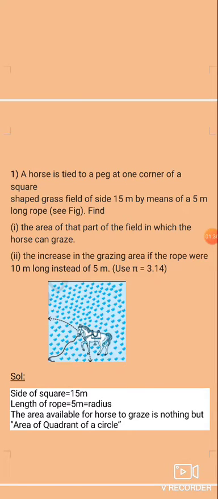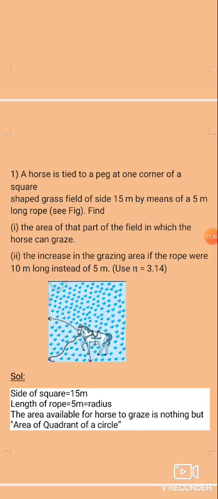Listen carefully, the grazing area of that horse. It is just like a sector, isn't it? Now what is the sector angle in this question? Since all the angles of a square are 90 degree, we can consider the sector angle as 90 degree.